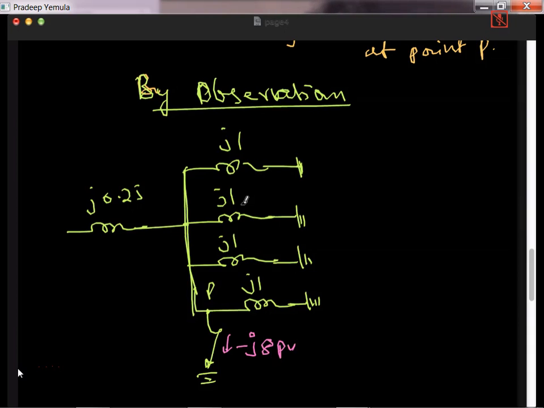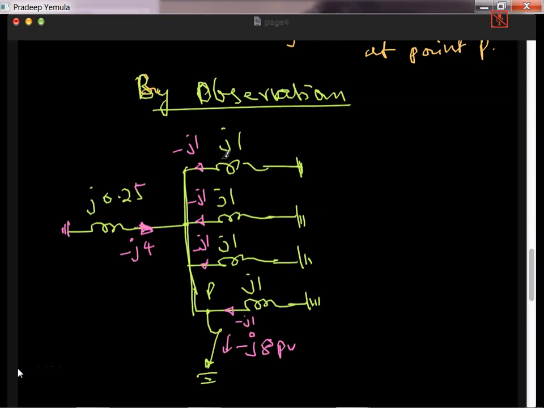Now you notice that 0.1, 0.1, 0.1, 0.1 all together will be 0.25, and therefore I have 0.25 on the left side and 0.25 on the right side. So this current by observation will be minus J4, and on the other side J4 will be divided equally. So this is minus J1, this is minus J1, this is minus J1, and this also is minus J1.